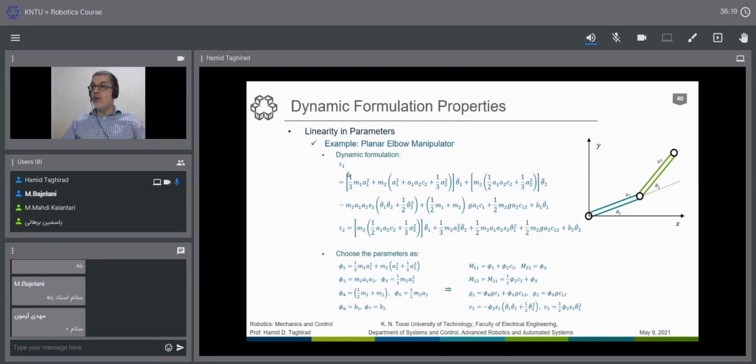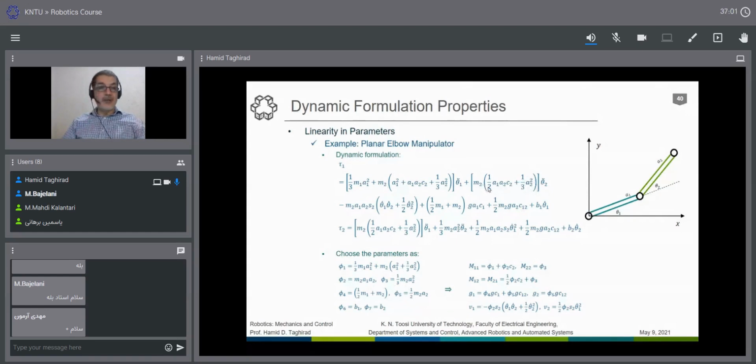This equation also holds when we have friction in the joints. If we don't have friction in the joints, we use only 5 parameters here. But if we have these 2, we have 7 parameters. Consider this as the first parameter, A1 plus 1/3 of A2 as the second parameter times M2. This one as the third parameter; this plus this as the first parameter, the second parameter is this one, and the third parameter comes from here, 1 over M2 from this parameter.